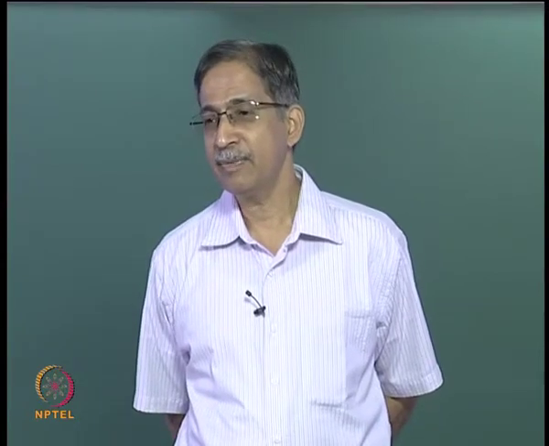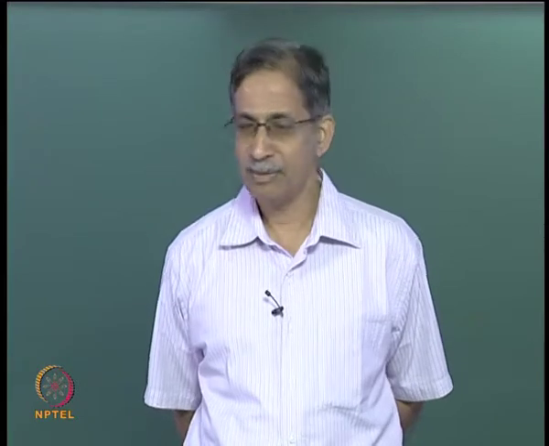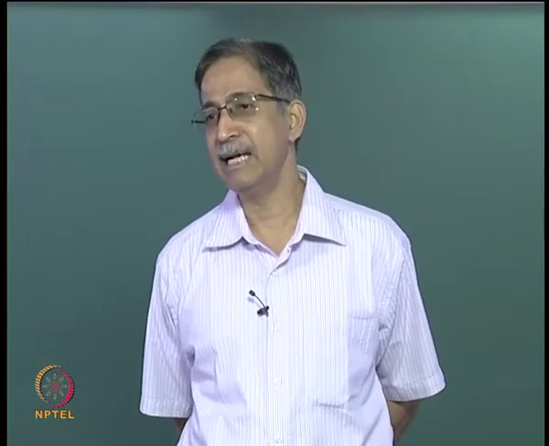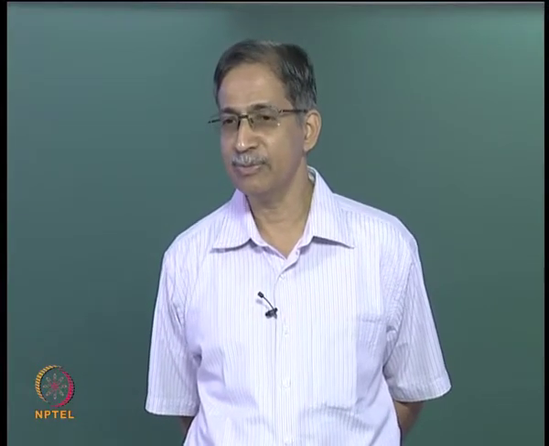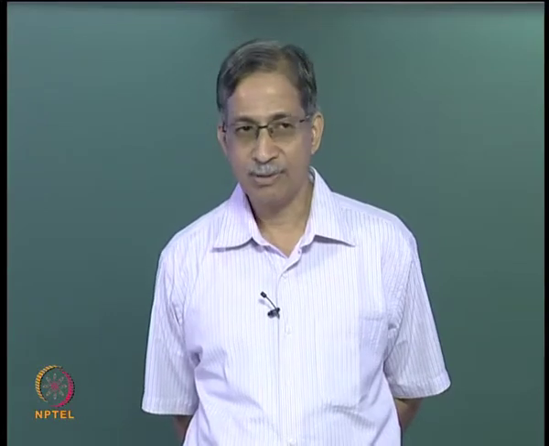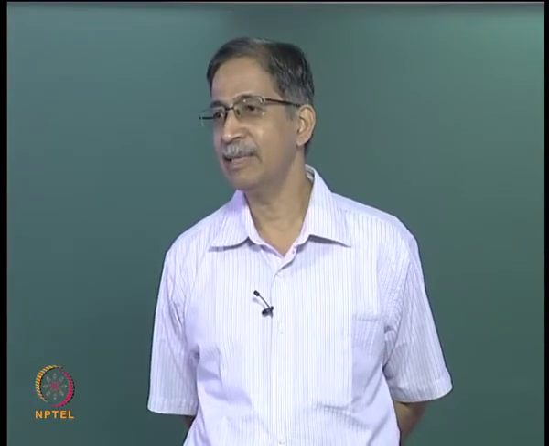Not only that, from 4EI/L it goes to 3EI/L, the flexural stiffness, and 6EI/L² becomes 3EI/L², etc. So we've done this earlier, and if you have hinges at both the ends, the second and fourth rows and columns will become zeros. So we are just refreshing something that we did earlier.